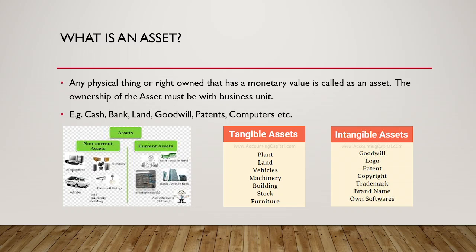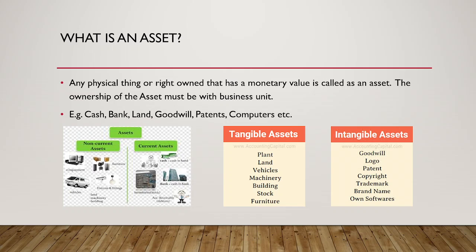Because Tata is famous. It's been 100 years that Tata is selling salt, right? So it has a goodwill in the market. Any company which has a name in the market has goodwill, and this goodwill can be sold. So whenever the company sells out, it can also sell out its goodwill.